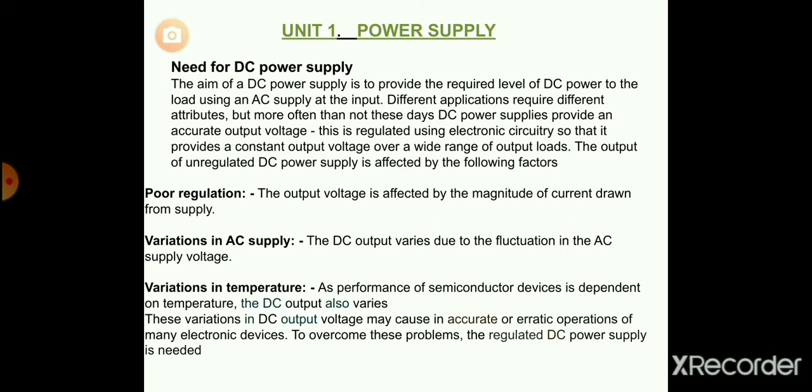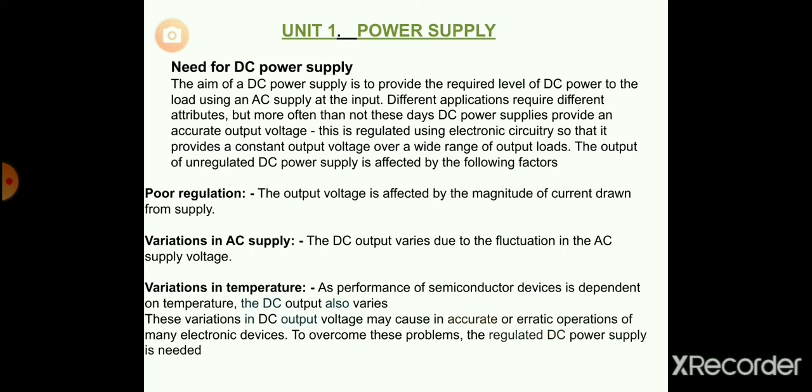Then variations in temperature. As the performance of a semiconductor device is dependent on temperature, the DC output also varies. These variations in DC output voltage may cause inaccurate or erratic operation of many electronic devices. To overcome these problems, a regulated DC power supply is needed.